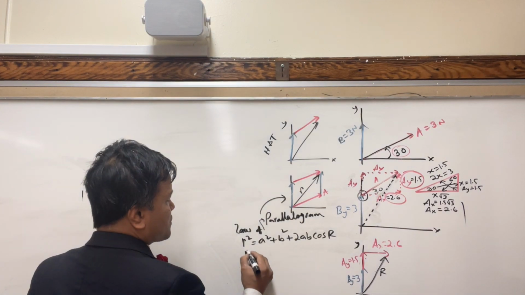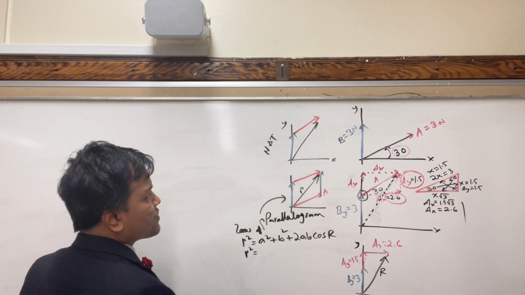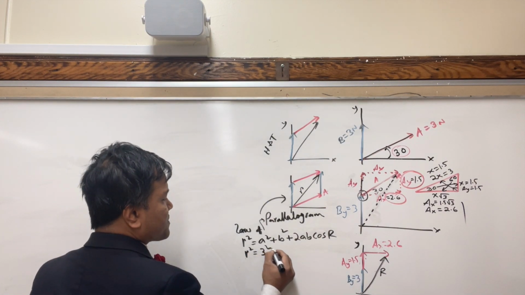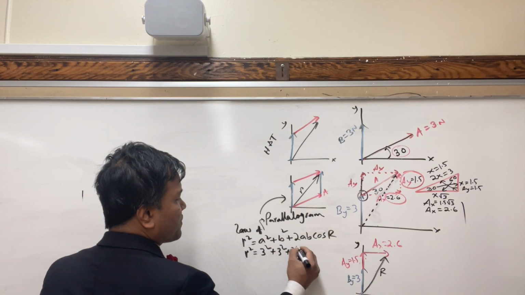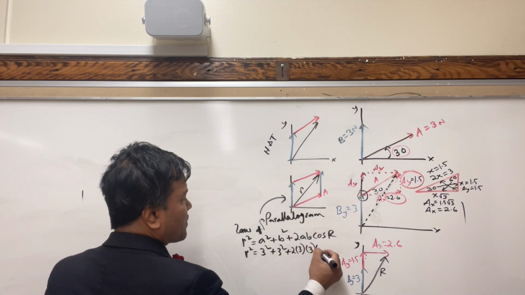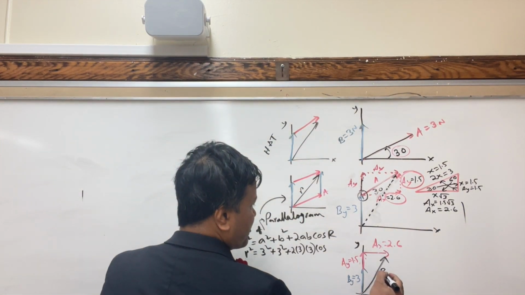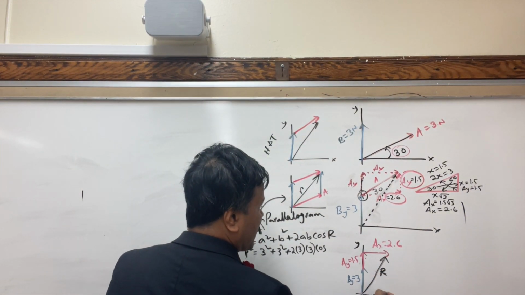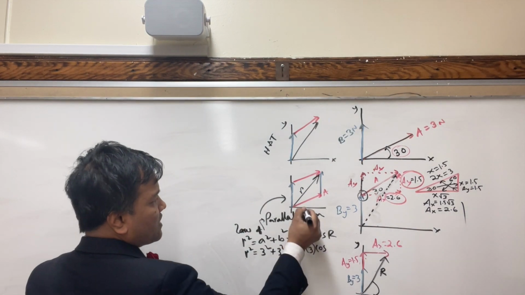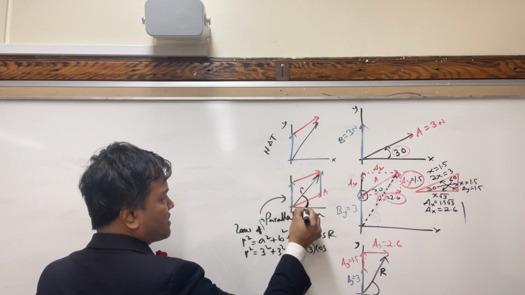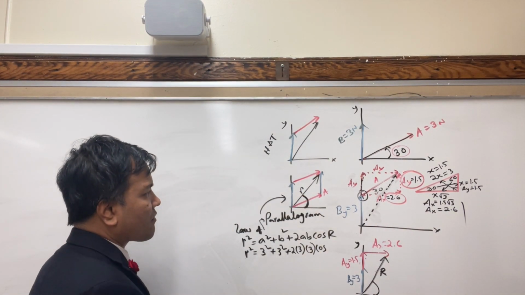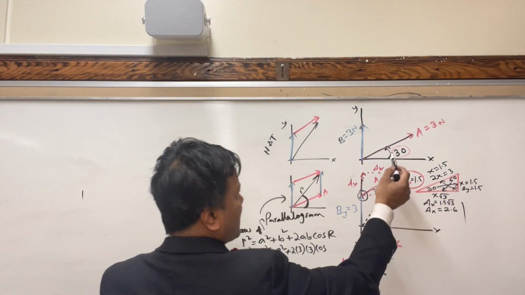Okay, so r squared is a squared. Of course we know a squared is 3 squared, plus b squared is 3 squared, plus 2 times 3 times 3 cosine. Now this is the r. We need the angle of this one.